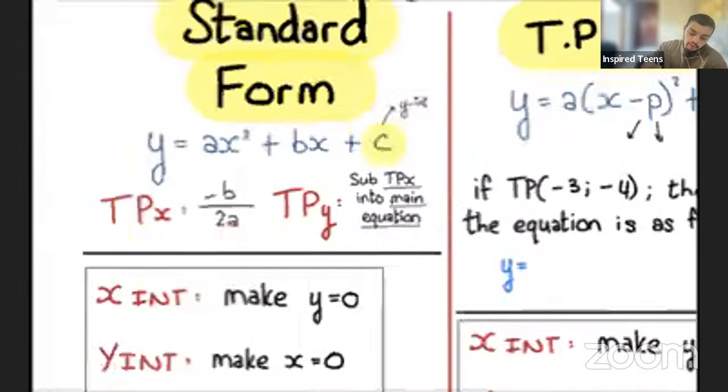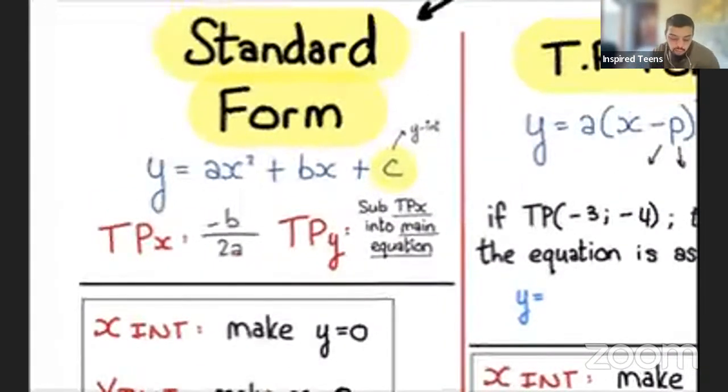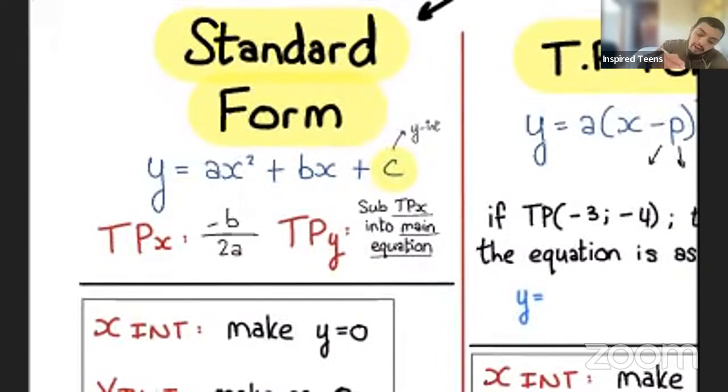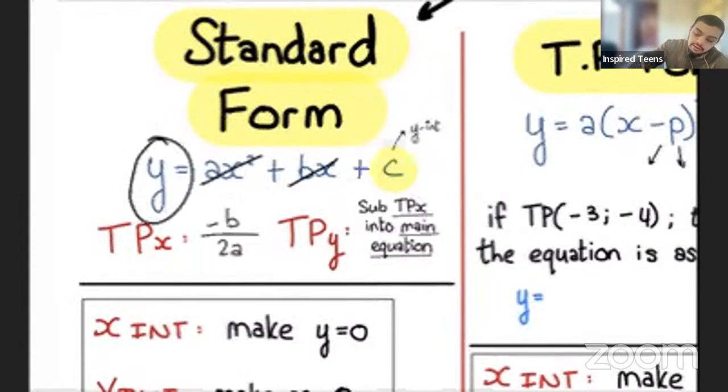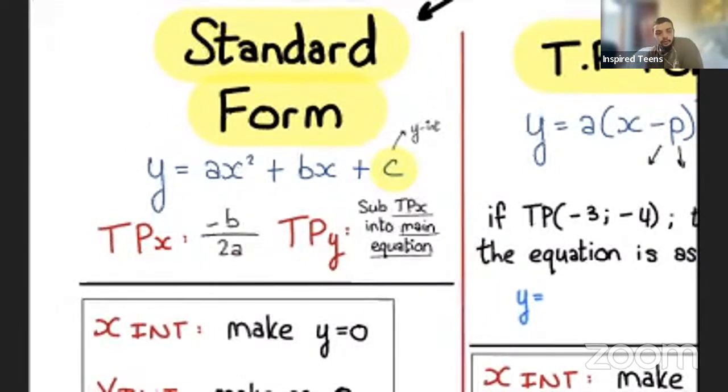So we're going to start off with standard form. Standard form is y is equal to ax squared plus bx plus c, where c is our y-intercept. Remember, to get the y-intercept, you make x 0. If you make x 0, you make that 0, you make that 0. So it makes sense that y is equal to c is what you're going to end up with.